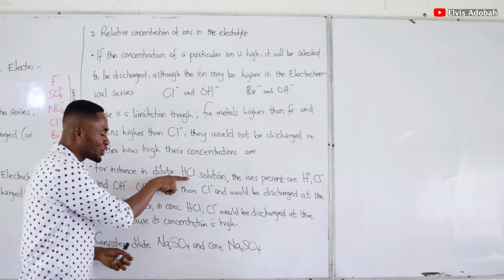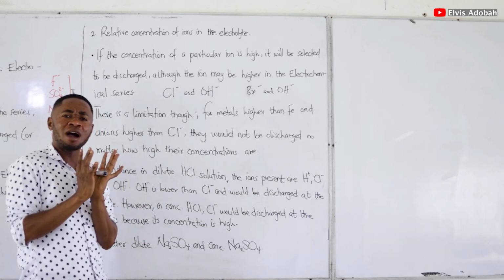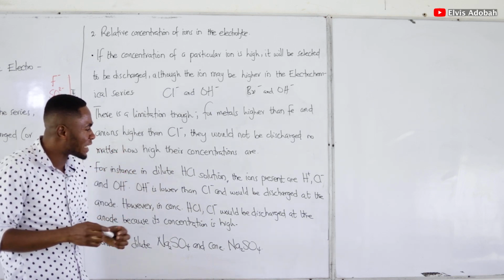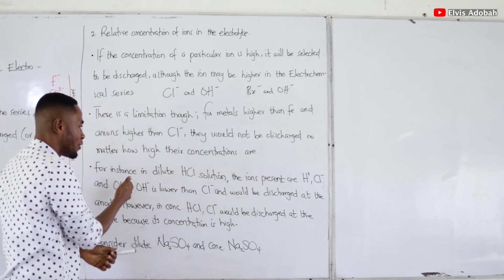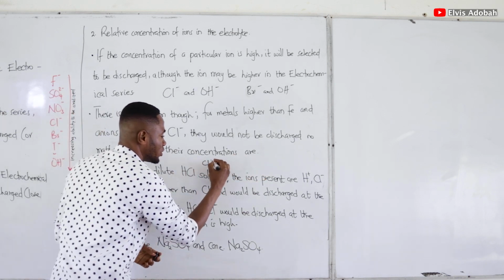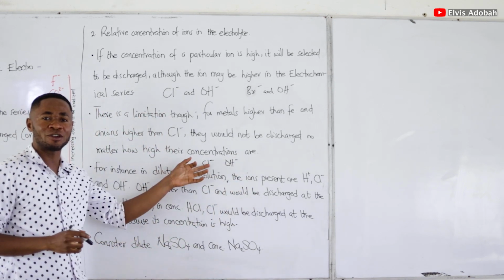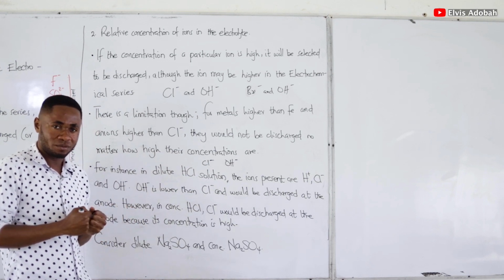Now, if the HCl solution is dilute, the normal first factor will hold. We ask ourselves, what are the negatively charged ions? We have chloride ions and the hydroxyl ions. These are the negatively charged ions. They will be attracted to the anode.